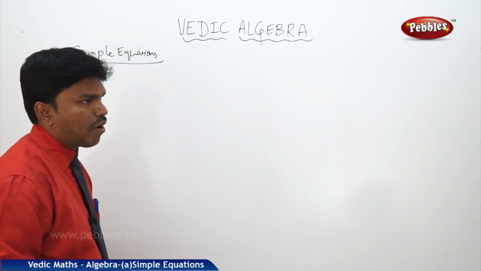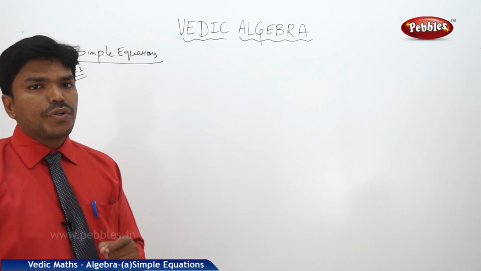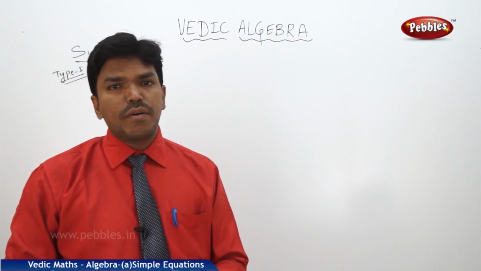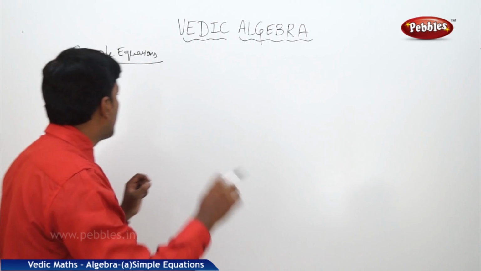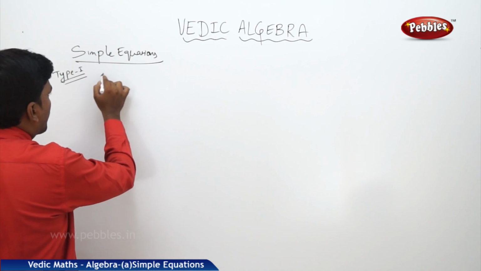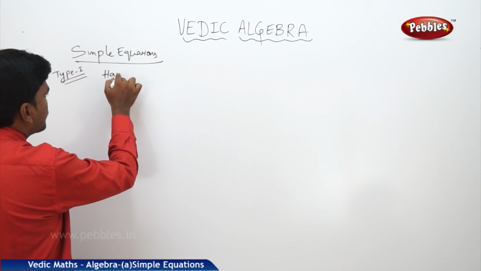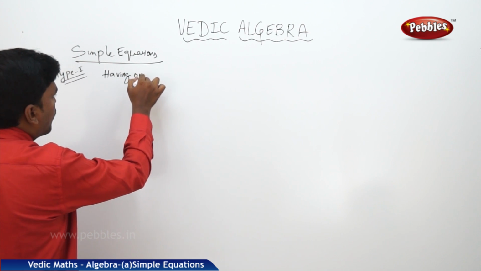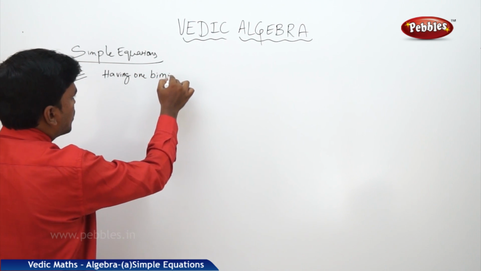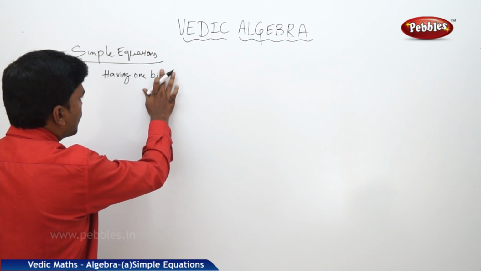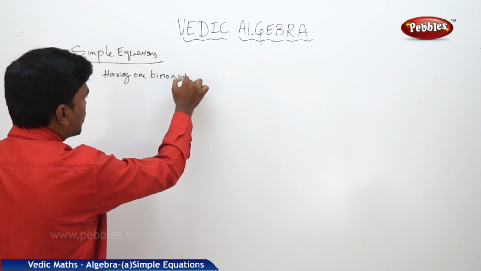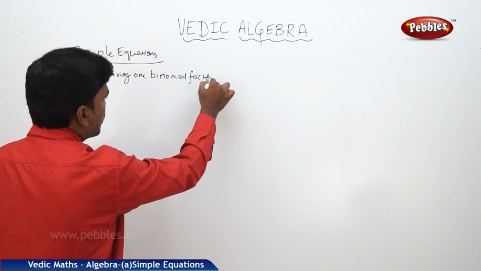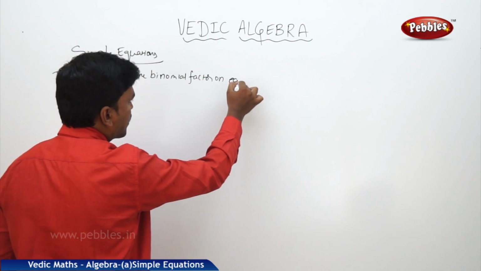Type 1 equations are those where you are going to have one binomial factor on each side.